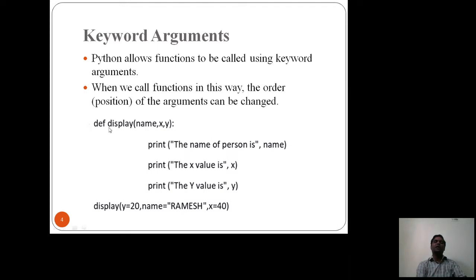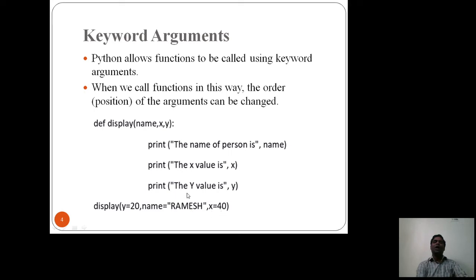Let's see. Definition display, name, x and y. These are the three parameters I have. I am printing the name of the person is name, the x value is x, the y value is y. The order of these parameters is name first, x second, and y third. But whenever I am calling this function, I am taking y is equal to 20 as the first argument, name is equal to Ramesh as the second argument, and x is equal to 40 as the third argument.